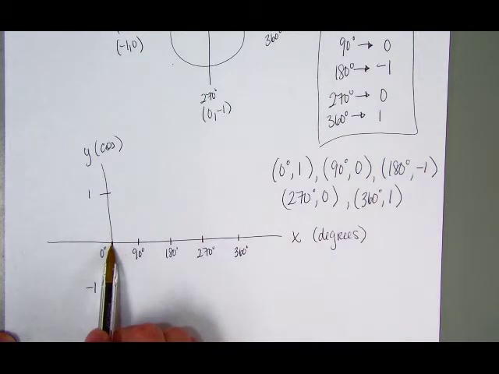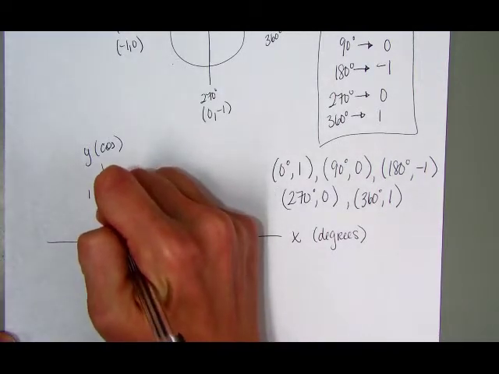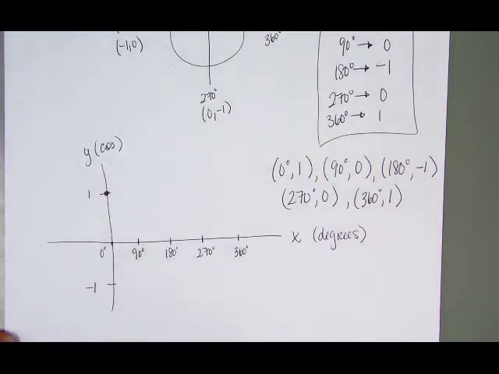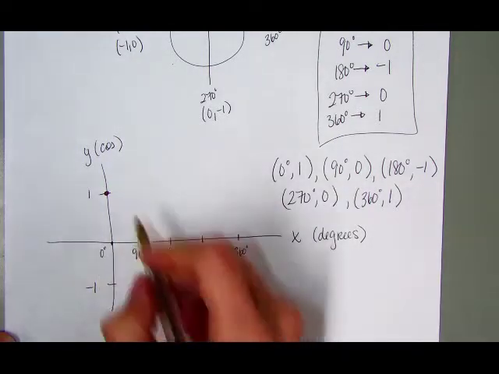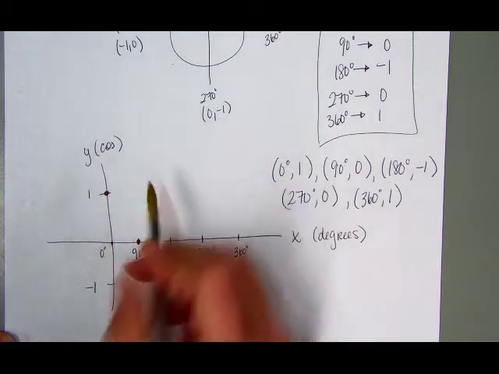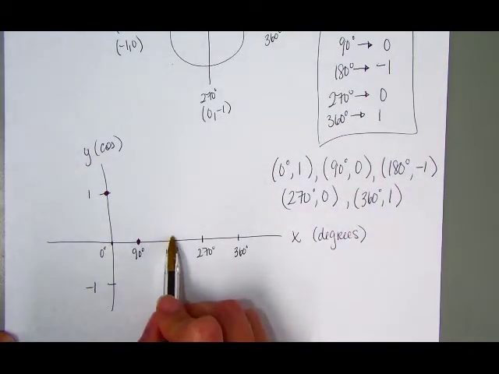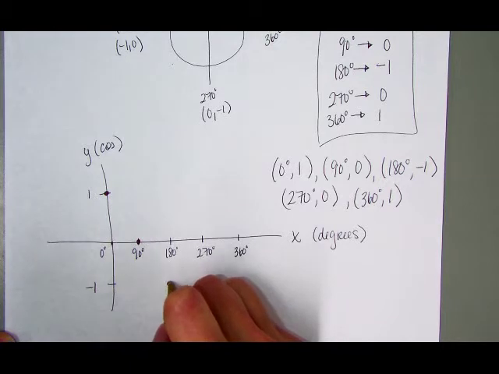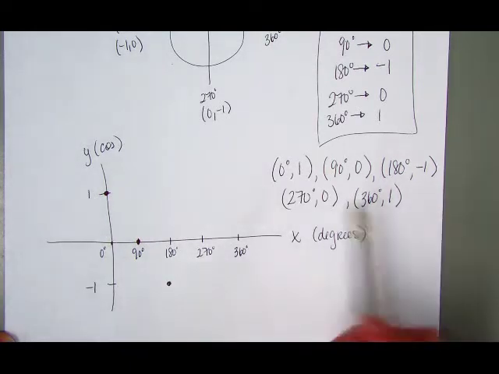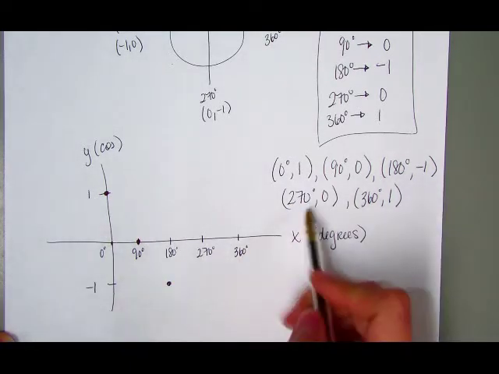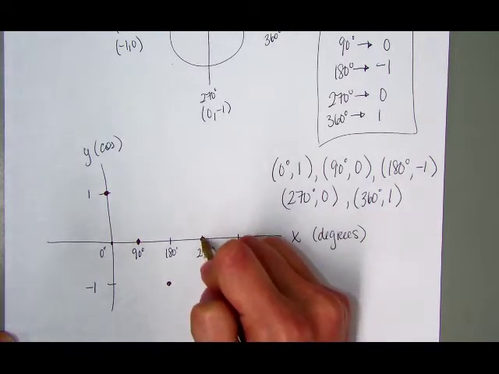So at 0 degrees, I have a cosine value of 1. So that's going to be my starting point, my first value. At 90 degrees, I have a value of 0 for my y. At 180 degrees, I have a value of -1 for cosine. At 270 degrees, I have a value of 0.